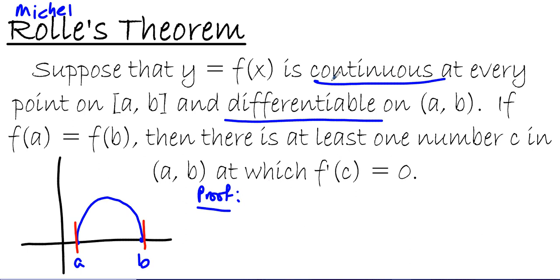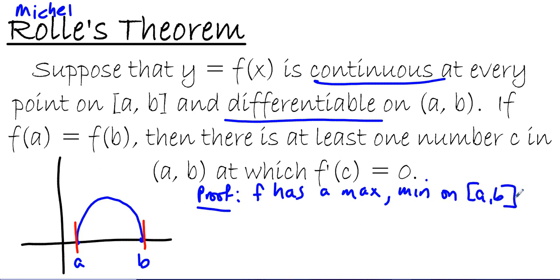If the function is continuous on the closed interval, then f has a max and a min on the closed interval. Then there's two options as to where that max and min occur. If the max and min occur at an interior point, somewhere between a and b, not a, not b, in between a and b, well, then that's great.